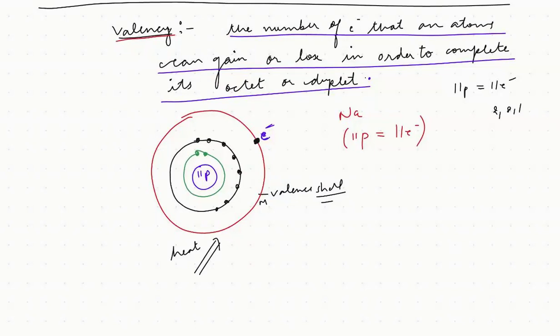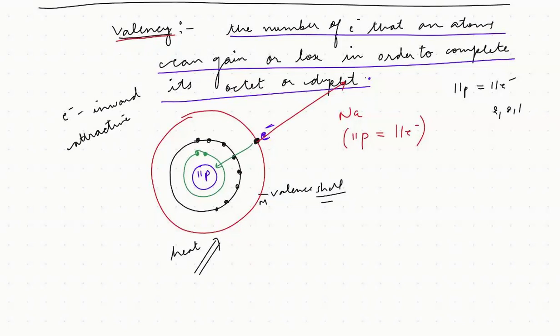When that electron runs faster and faster, obviously when something rotates at a faster speed, that electron will experience an outward force, because it is also experiencing an inward attractive force.